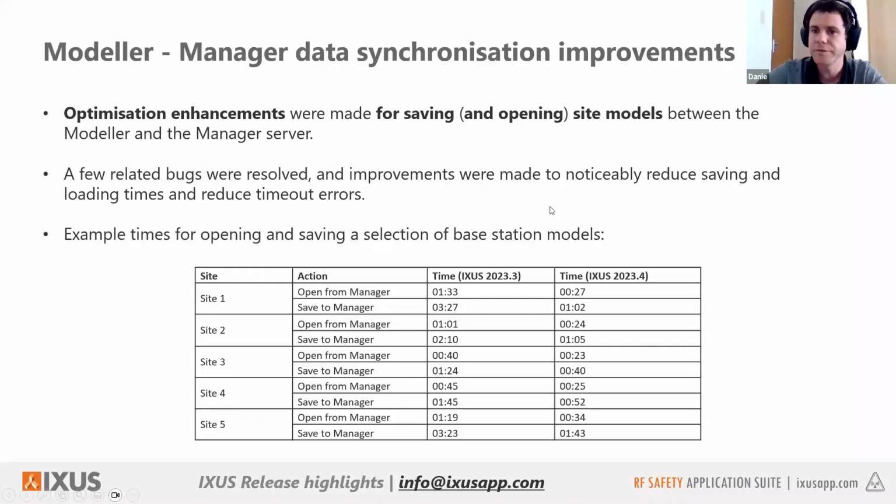It's mostly about 50% of the time, so essentially 50% faster on average, or better. That should help a lot with some issues that we have been facing, where you would get a timeout error with saving back to the manager. A few related bugs were also resolved with this release.